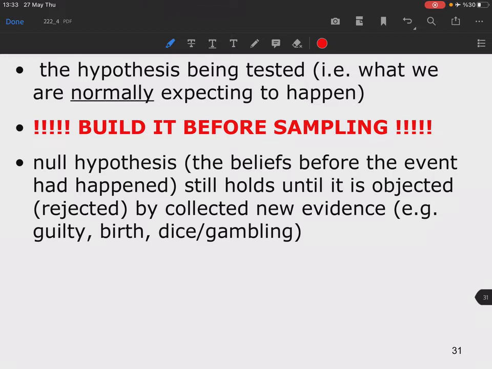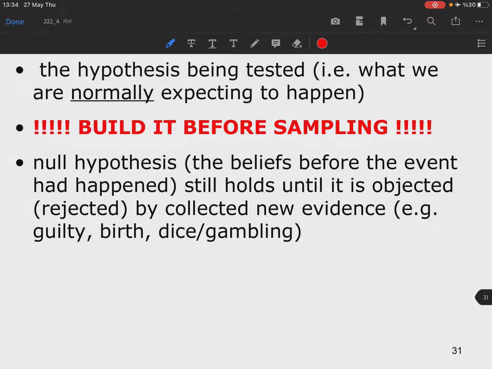For example, until one person is deemed guilty, he is innocent, right? That's the idea. Or the probability for guessing the sex of newborns should be around 0.5, right? This is what we're expecting normally. Or the dice rolls, or tossing a coin, or something like this.